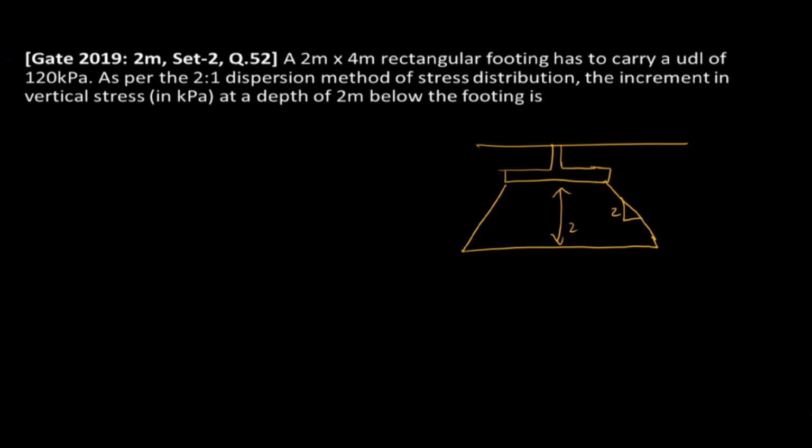If we take this slope, vertical will be 2, horizontal will be 1. So that's the ground level. So we'll write down the solution.